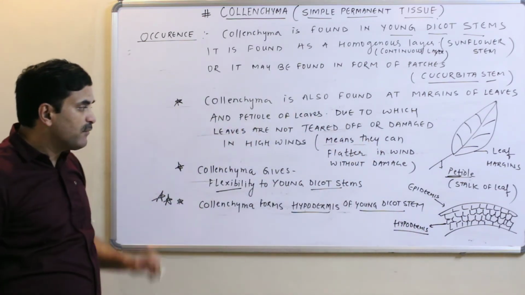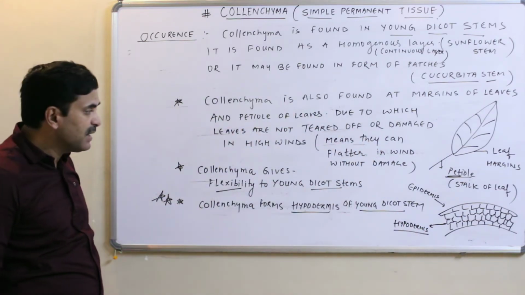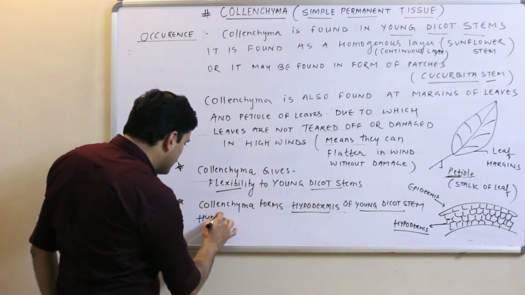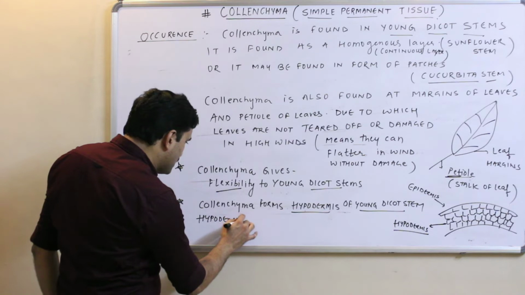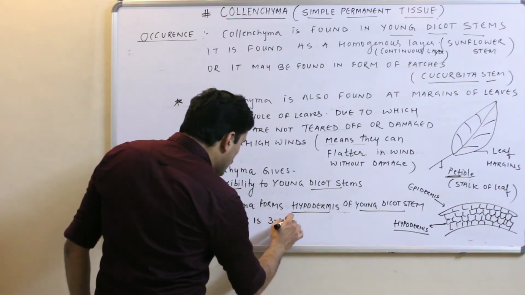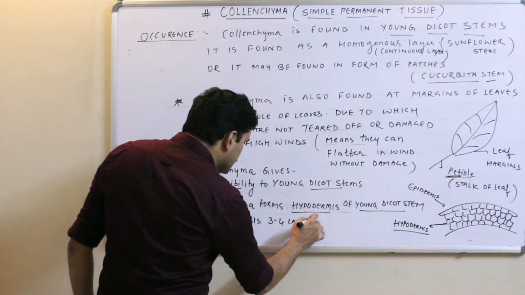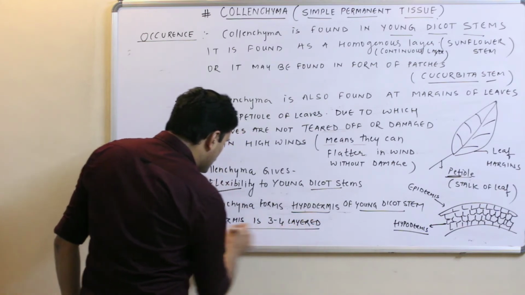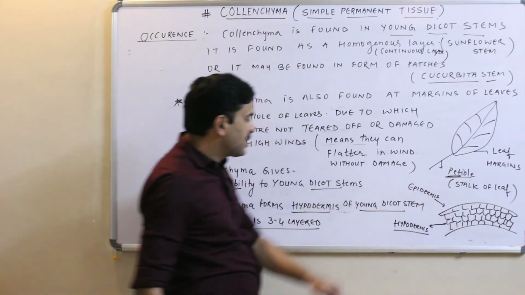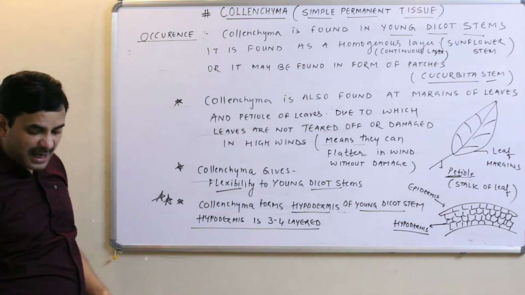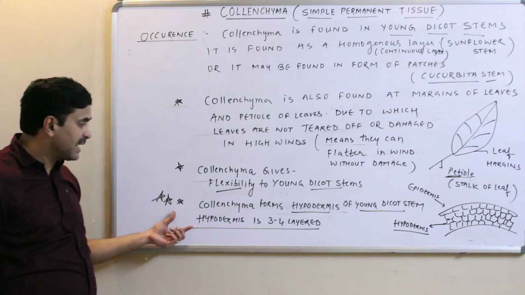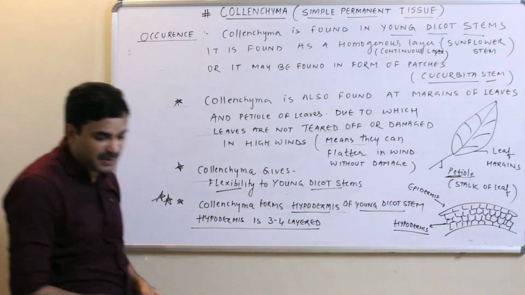So collenchyma forms the hypodermis of the dicot stem, and remember that the hypodermis made of collenchyma is 3 to 4 layered, and there are no intercellular spaces. Are you getting?